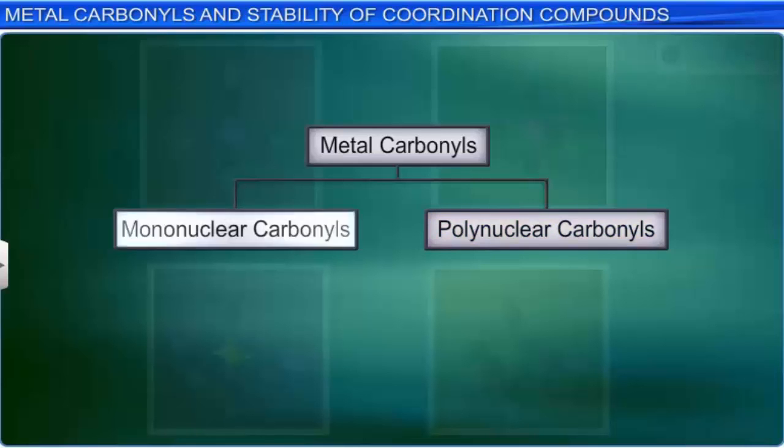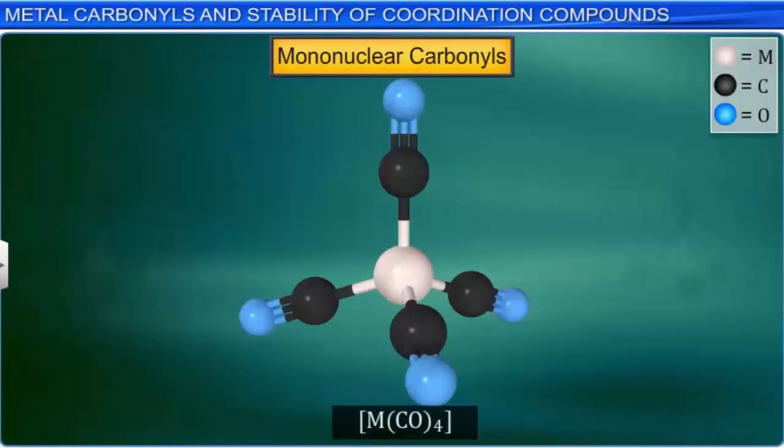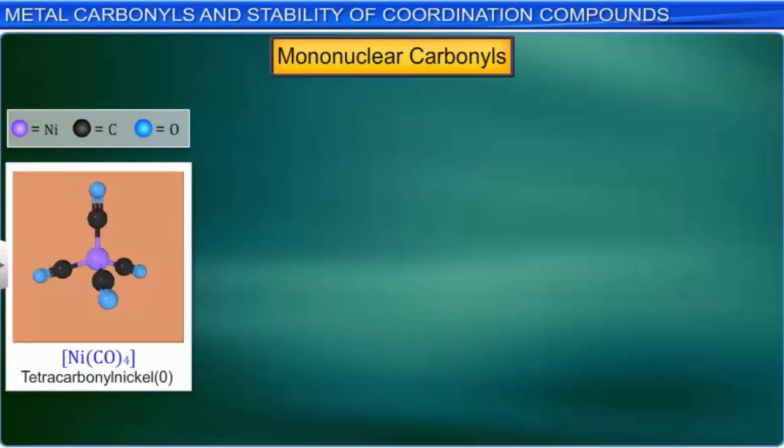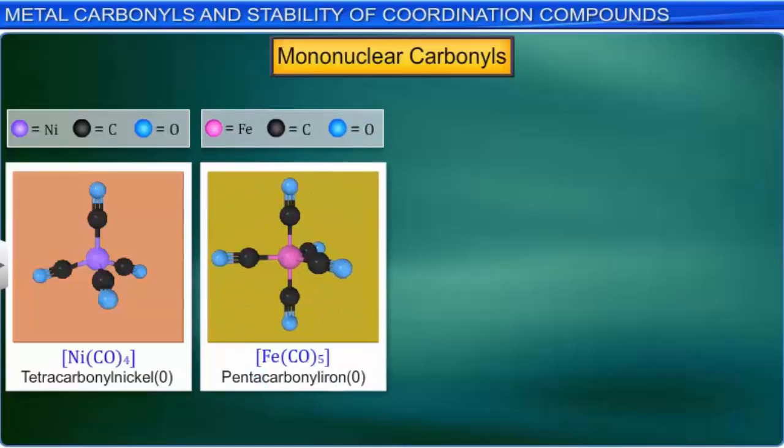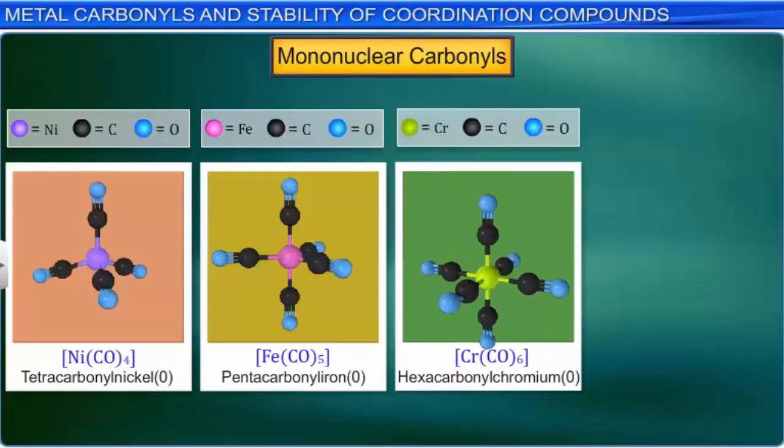Mononuclear carbonyls contain one metal atom per molecule. For example, tetracarbonylnickel(0), pentacarbonyliron(0), hexacarbonylchromium(0) and hexacarbonyltungsten(0).